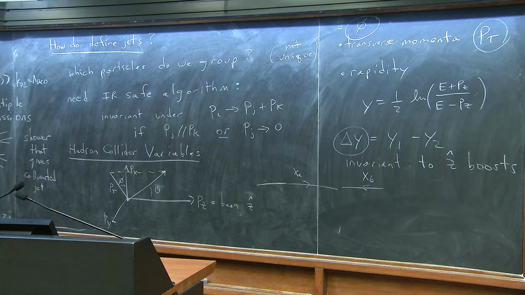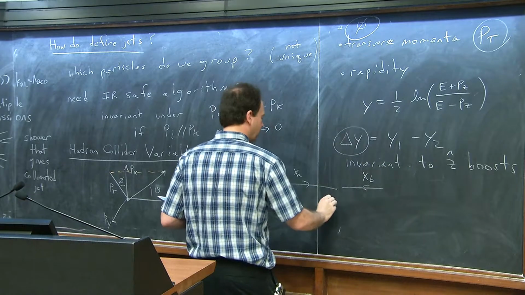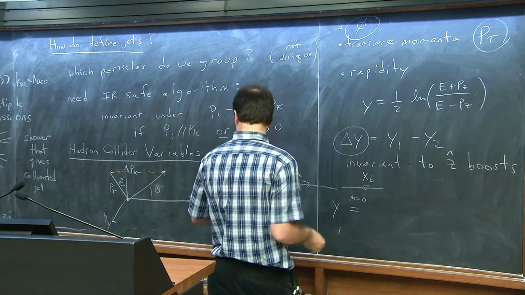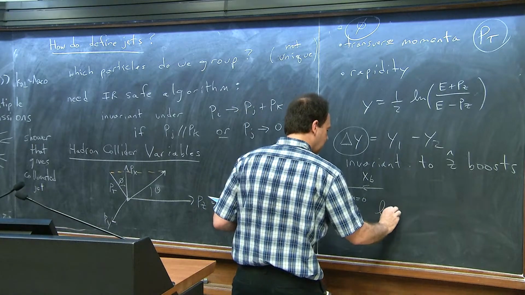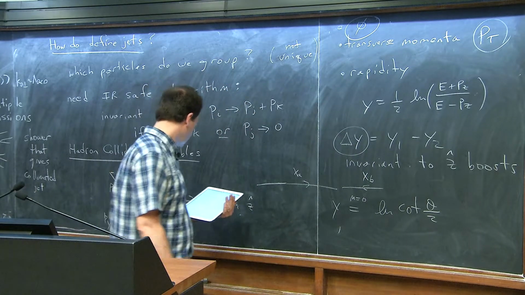I should say, a couple of other formulas: if I'm in a situation where the particles are massless, then this can be written in terms of the angle, and it's just log of cotan of theta over 2, so there's just a mapping.